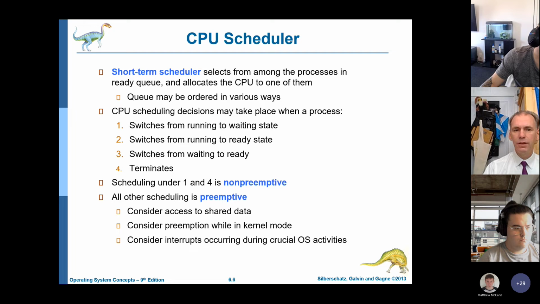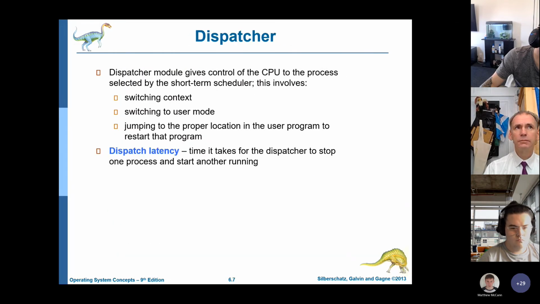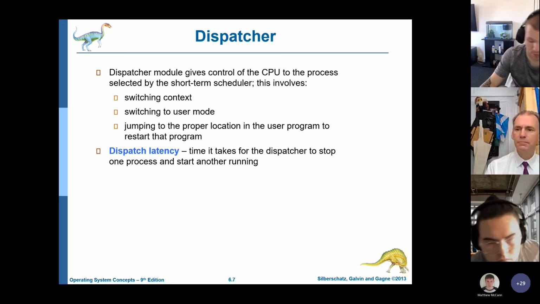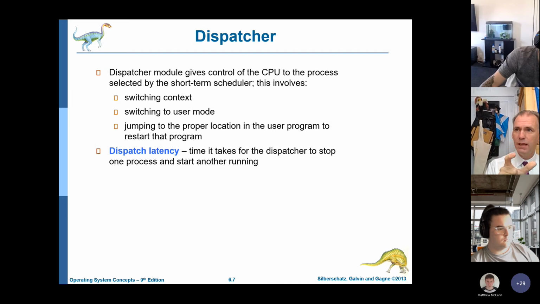And the thing that does that, as you probably saw in the diagram, is the dispatcher. It takes control of the CPU and it gives control to whichever process is next. So the scheduler decides which one's going to be next.